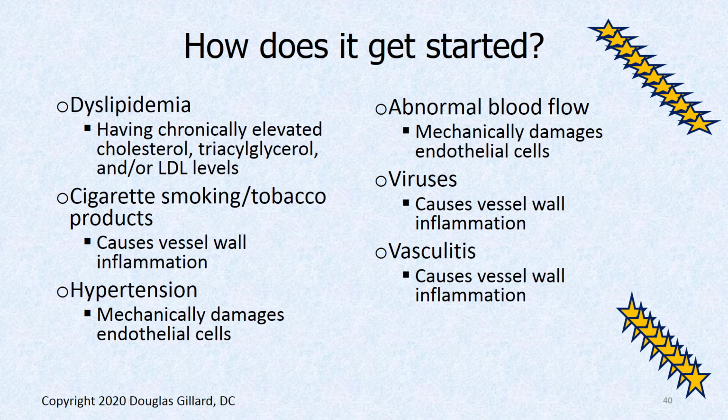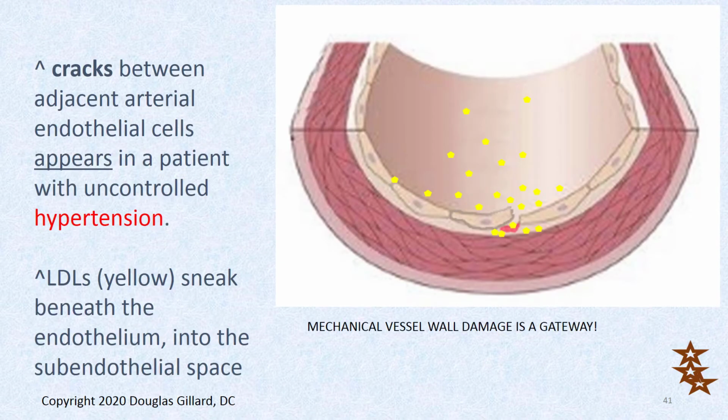Abnormal blood flow can also beat up endothelial cells to the point the gaps between them widen so LDLs can get in. Inflammation from a virus, inflammation from autoimmune, just inflammation of the endothelial cells can cause them to shrink, and LDLs can get in. Anything that beats up endothelial cells can stimulate the start of atherosclerosis.